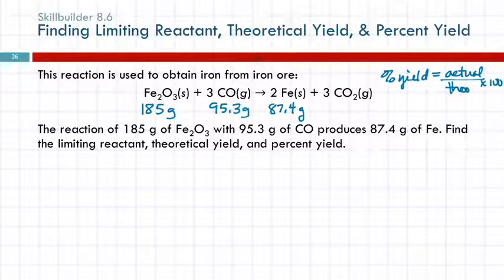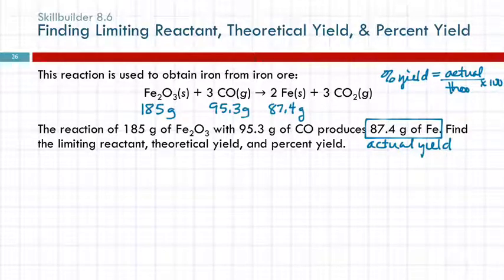They have to tell us. So what they're doing here is they're saying the reaction of this and this produces this. This is the actual yield. They have to tell that to you in a problem.